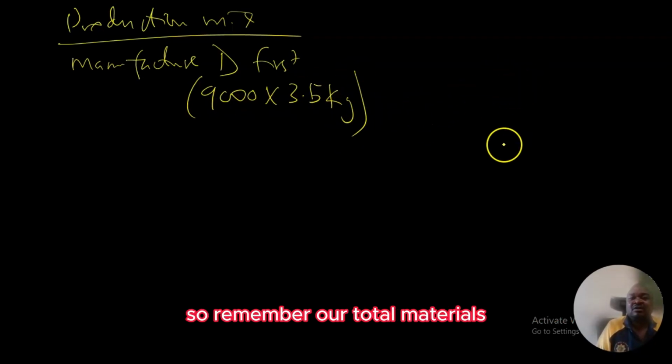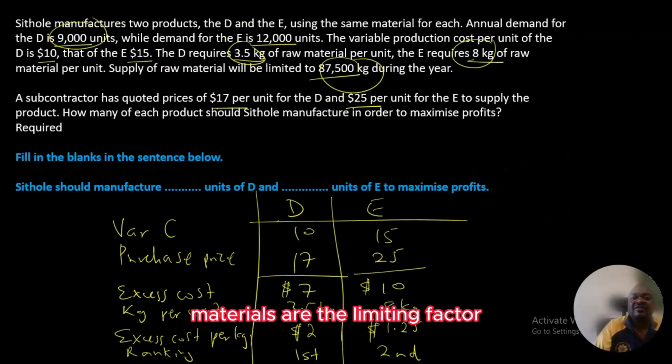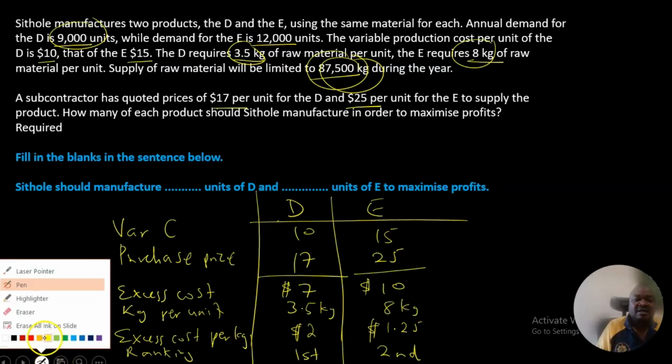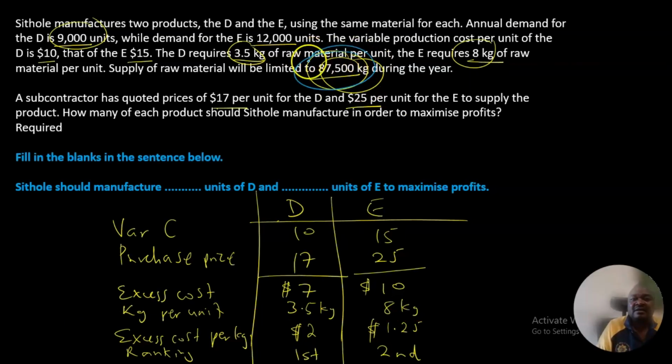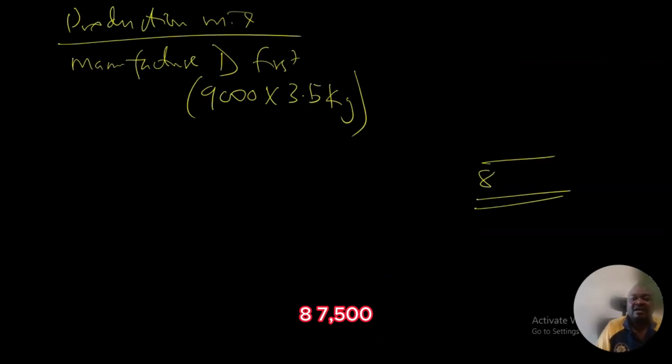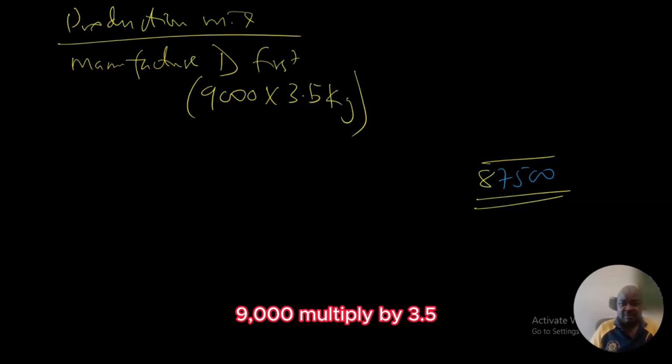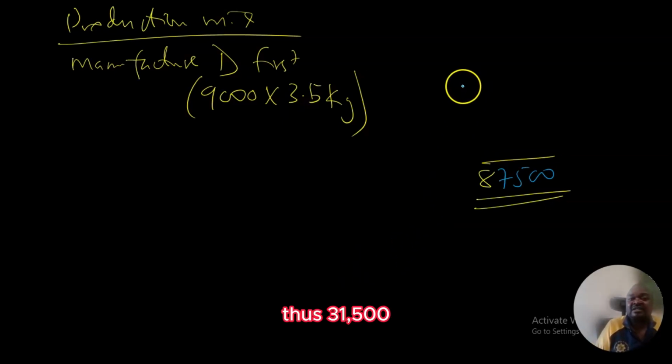All right, so remember our total materials. Remember, materials are the limiting factor, and they were said to be 87,500. So 9,000 multiplied by 3.5, let me use my calculator, that's 31,500.